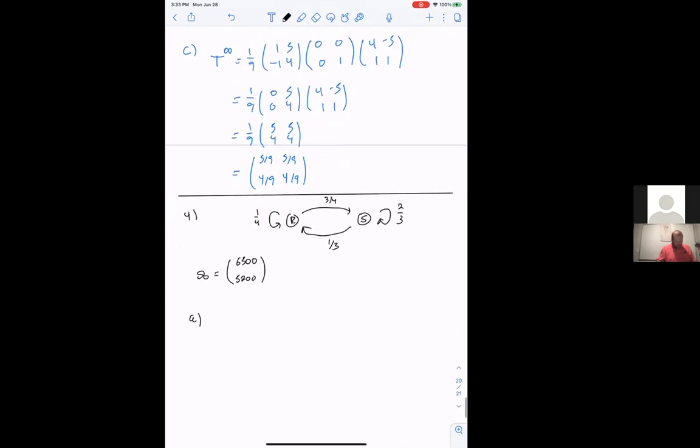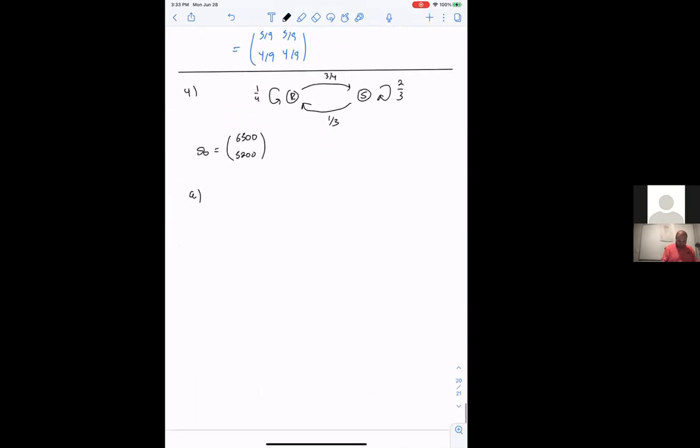A, write down the transition matrix T, no problem. If we order R, S, R to R is 1/4 or 0.25, making R to S 0.75. S to R is 0.3 bar. Maybe fractions are better because we're going to have these bad decimals.